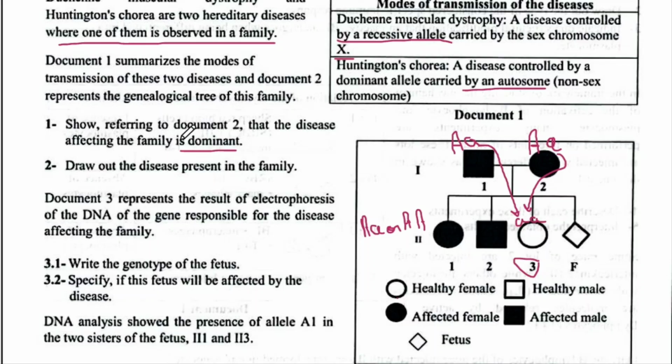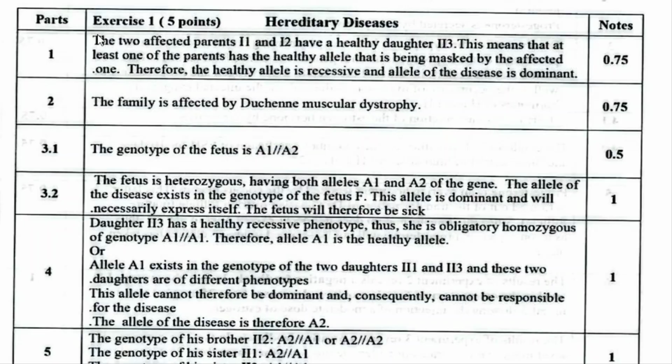So, referring to Document 2, the disease affecting this family is dominant. For the answer, the two affected parents 1-1 and 1-2 have a healthy daughter 2-3.